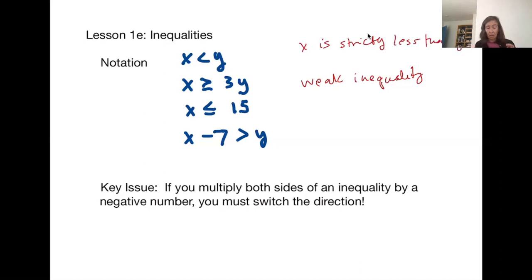Okay, so the case where x and y were equal would not be consistent with the claim that x is less than y, but it would be consistent with the claim x is less than or equal to y. Nothing hard or non-obvious there.